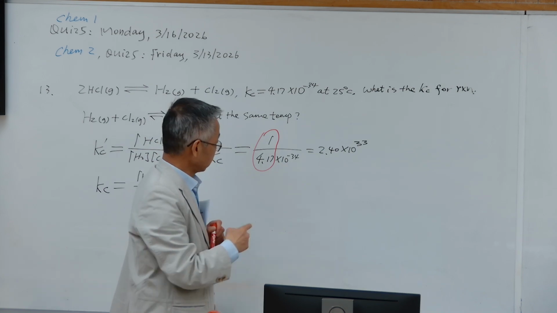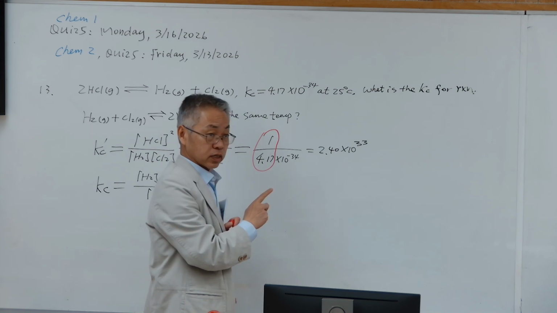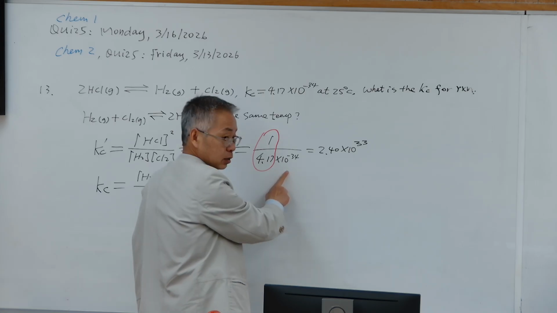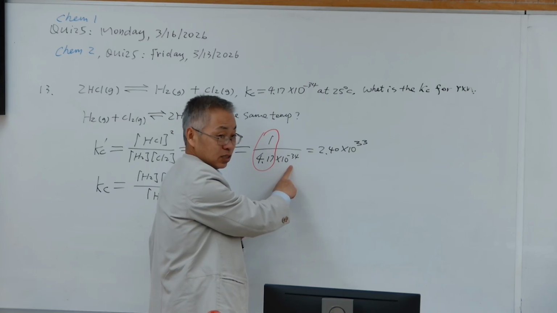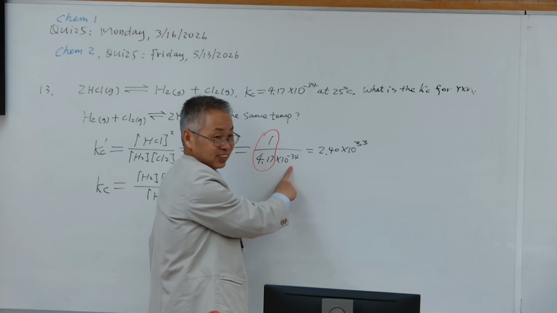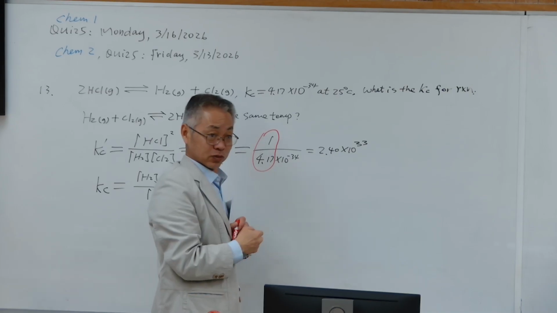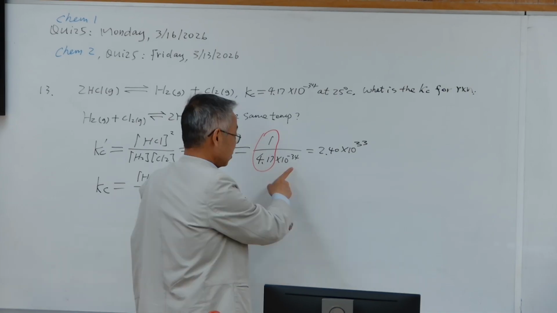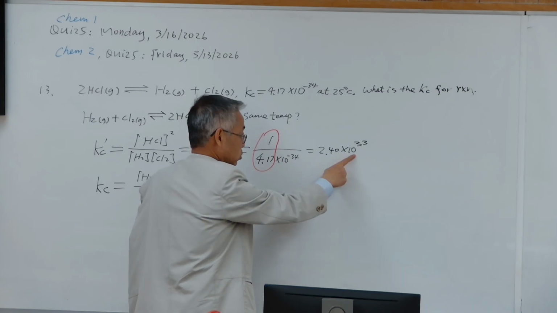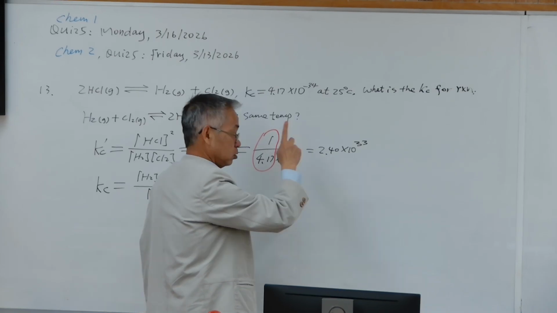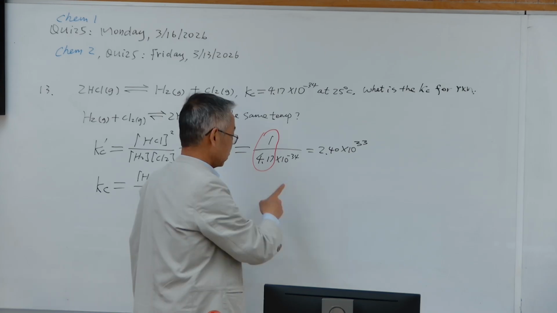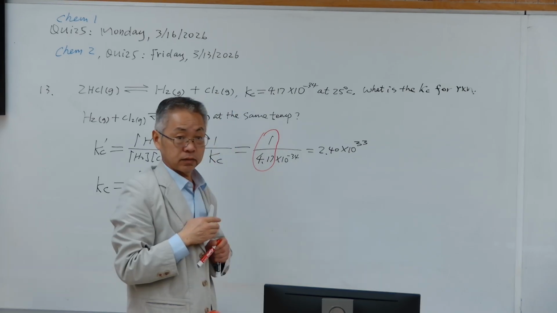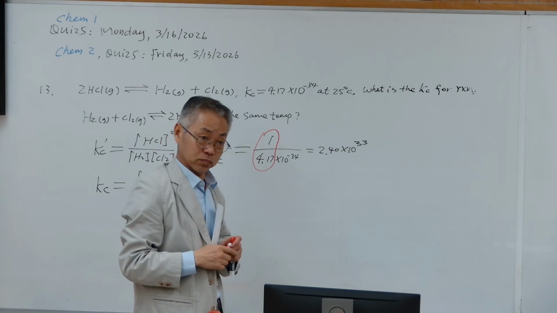This will give you 0.240 times, this is 10 to the negative 34 in the denominator. So flipped over it is 10 to the positive 34. Then reduce by 1 to 33, and 0.24 becomes 2.4. Don't put the exponent in the calculator. This makes it much easier.